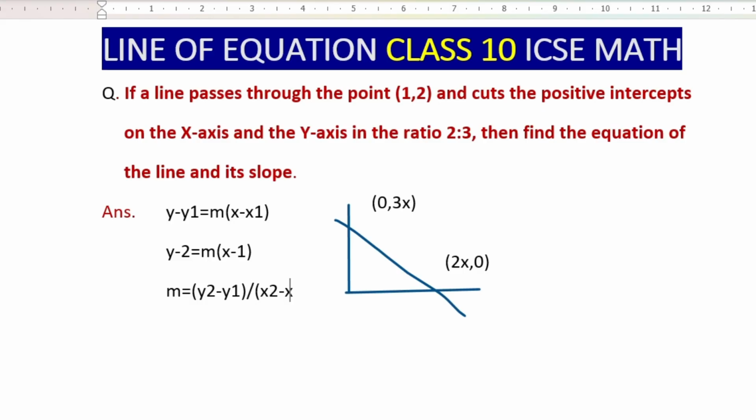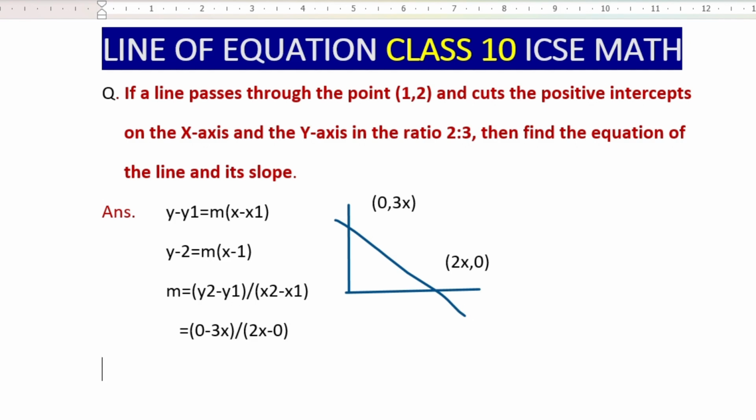Now put the values. y2 is 0, minus y1 which is 3x, so 0 minus 3x, divided by x2 minus x1, 2x minus 0.